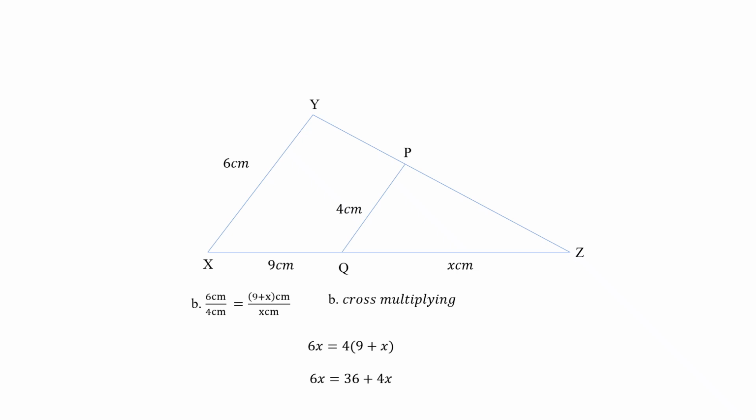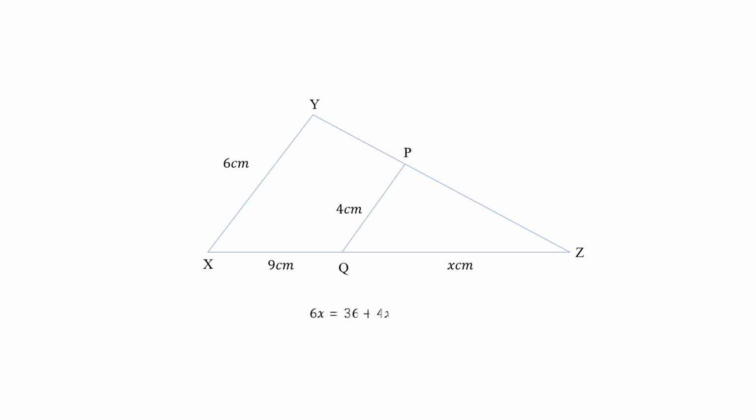Then we want to solve for x, so 4x comes to the left hand side, and when it crosses the equal sign, the sign is going to change. So we have 2x is equal to 36. Therefore our x becomes 18. So that is the value of x, as simple as that.